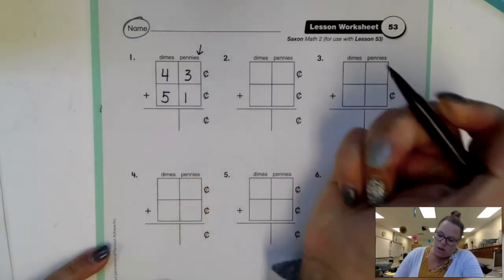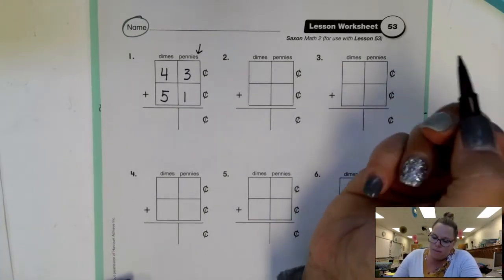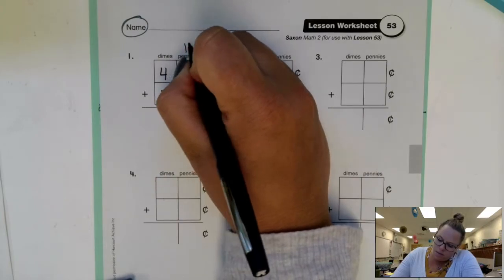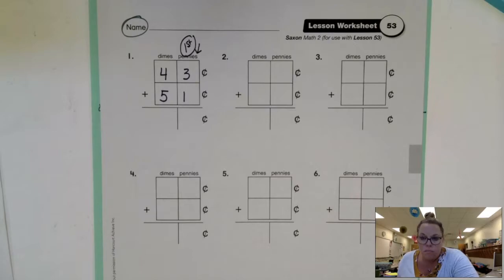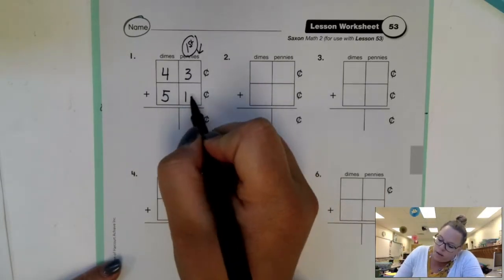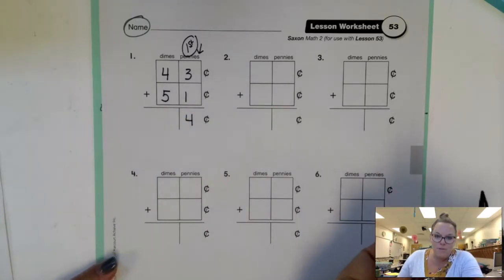Remember that we need to start with the pennies. Some people like to put an arrow by pennies to remind them that that's what they do first. Some people like to put the word first there. Let's go ahead, and we have to now add. What is 3 plus 1? Yep, it's 4.